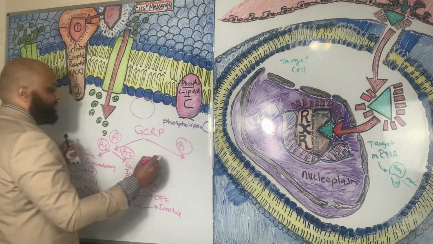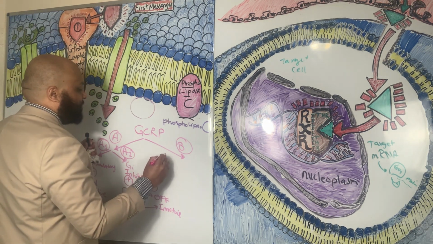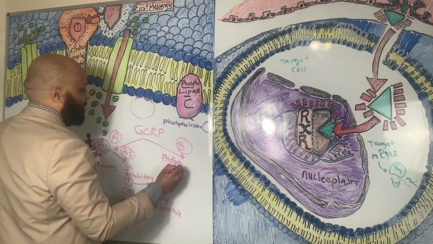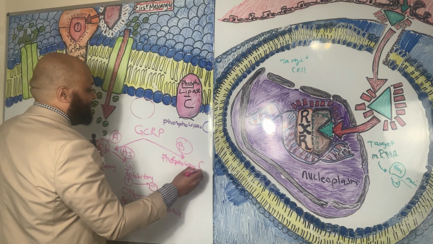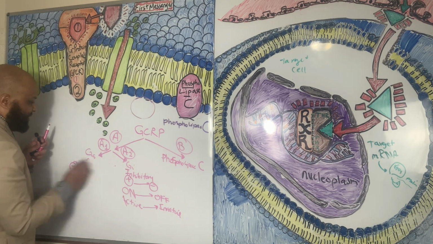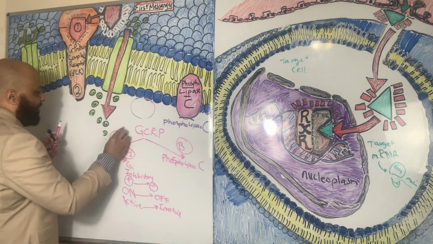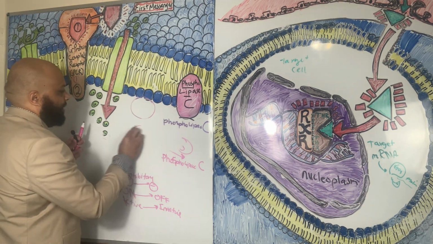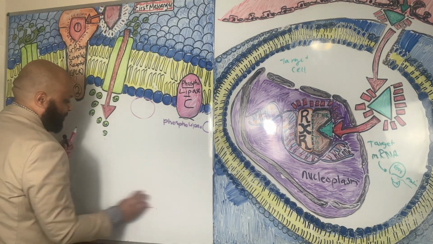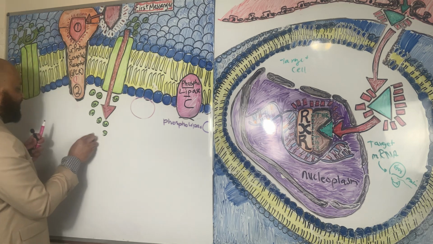And then the second system is known as the phospholipase C, G coupled protein system. So now let us begin discussing G stimulatory versus G inhibitory systems.